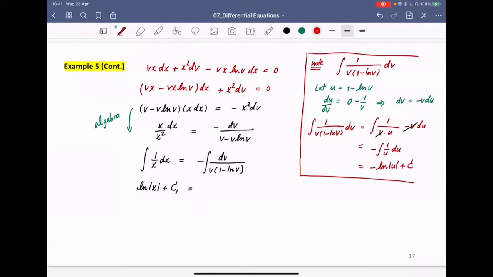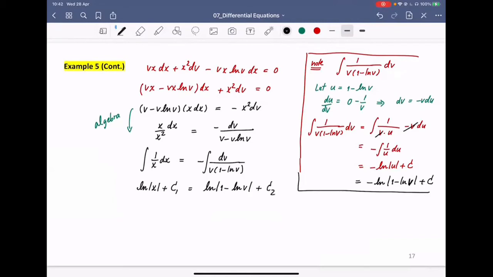Then you just get the answer here, which is negative log of 1 minus log v, plus c. Sounds good. Which means if you have that integration, you can get it back to the original equation, and this is going to be log absolute 1 minus log v plus c2.